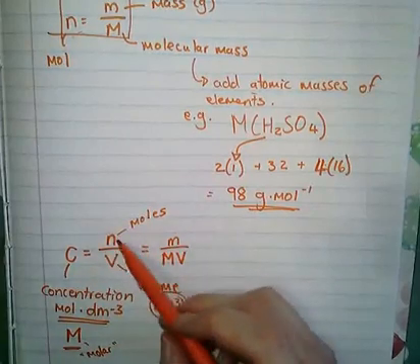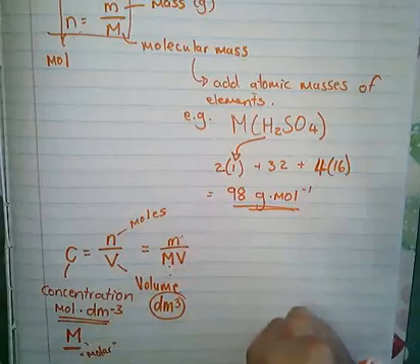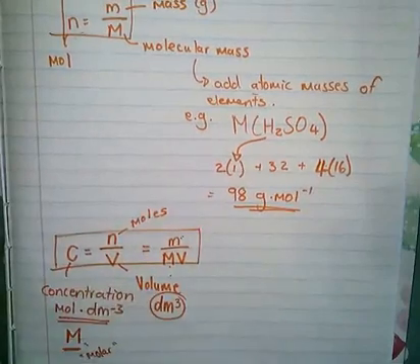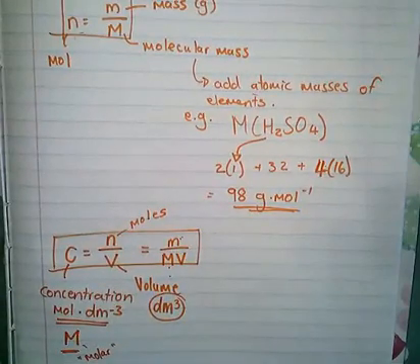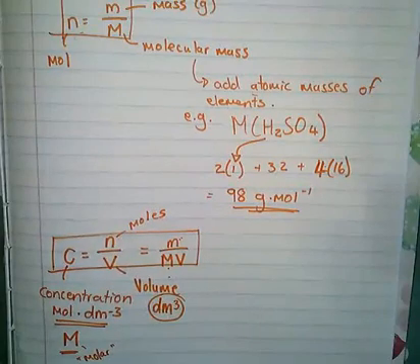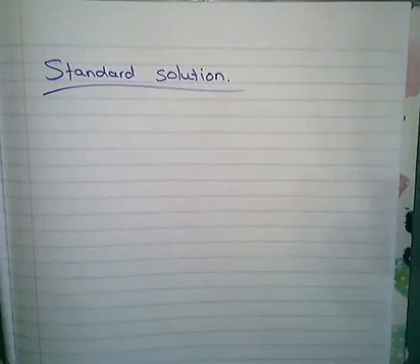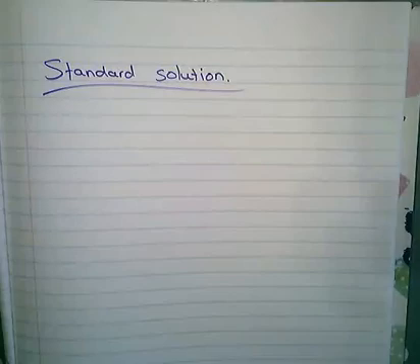There are examples in the textbook, so you can just work through them. Okay, then preparing a standard solution. A standard solution is any solution with a known concentration. That's also a definition you have to know. A solution with a known concentration. So yeah, they can just ask you questions in which they tell you what the solution's concentration needs to be, and then they'll ask you, so what is the mass of powder that you need to put in a certain volume of water?